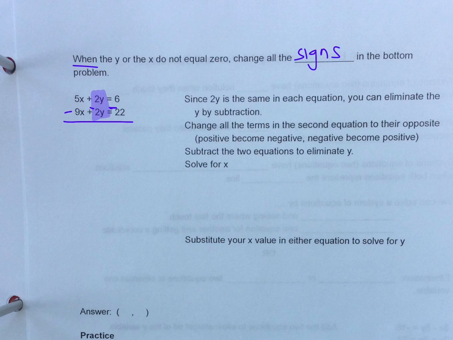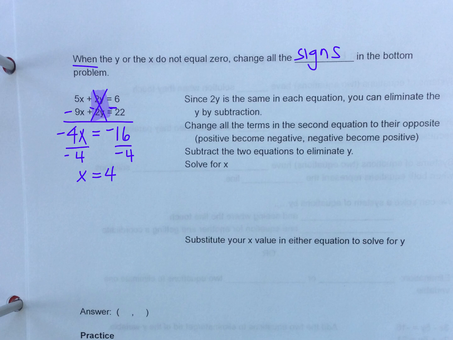So now 2y minus 2y is 0, and I've eliminated something. 5x minus 9x is negative 4x. 6 minus 22 is negative 16. I'm just going to divide by negative 4 on both sides, and I'm left with x equals 4.